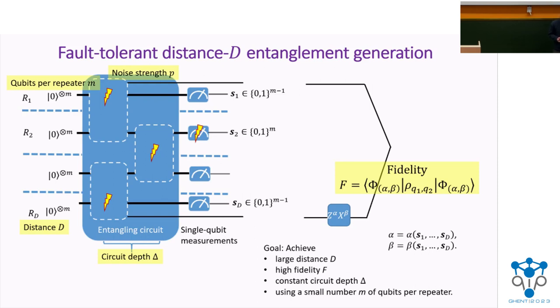And we want to keep our entangling circuit at constant depth, and we want to use as small a number of qubits per repeater station as possible.